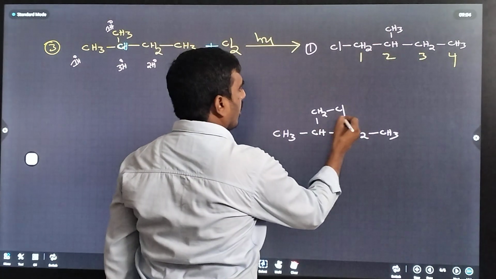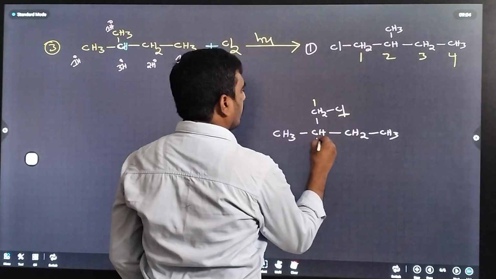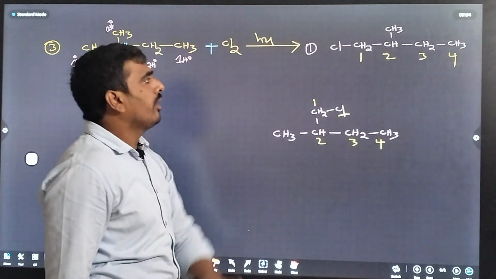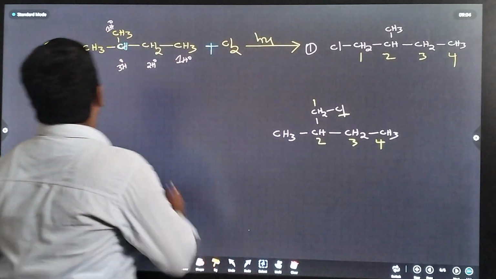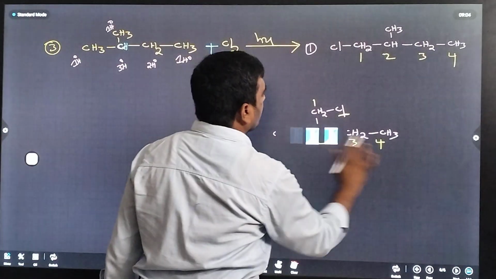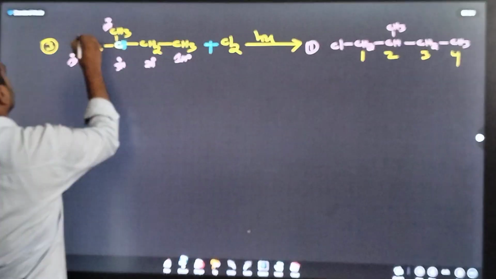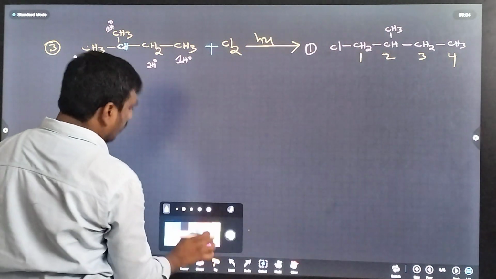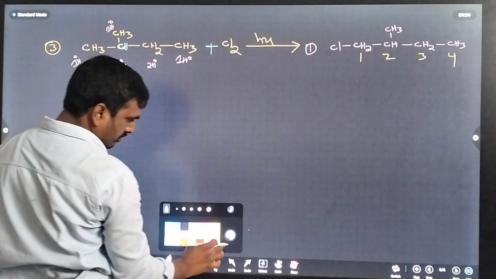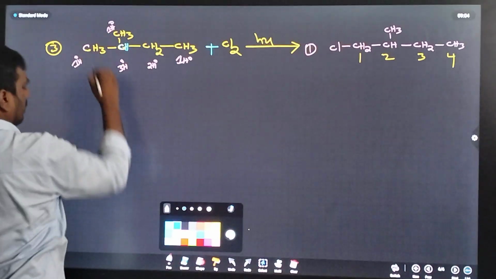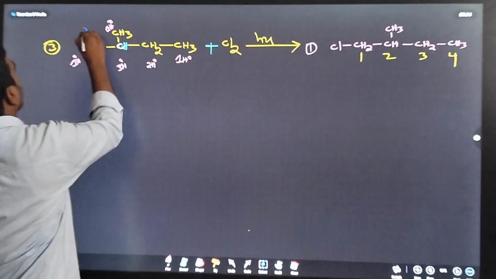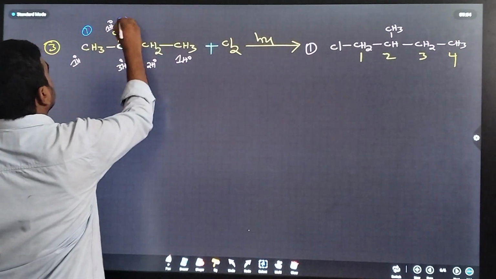Both are the same product. This hydrogen and this hydrogen give the same products. So that's why it gives only one product.